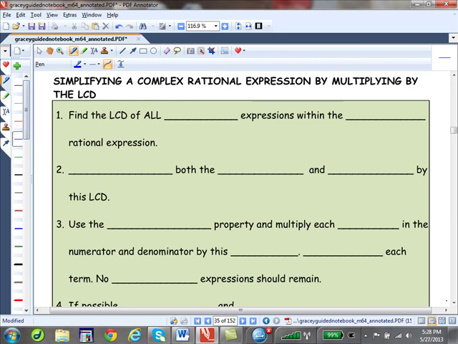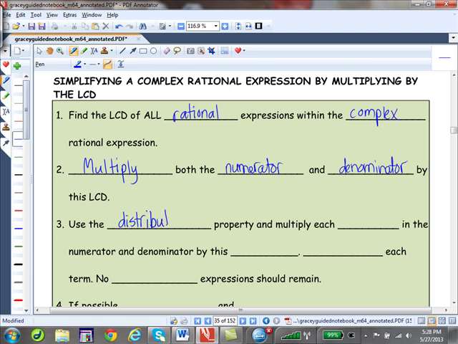Find the LCD of all rational expressions within the complex rational expression. Multiply both the numerator and denominator by this LCD. Use the distributive property, and this is where people tend to make the mistake in this method.